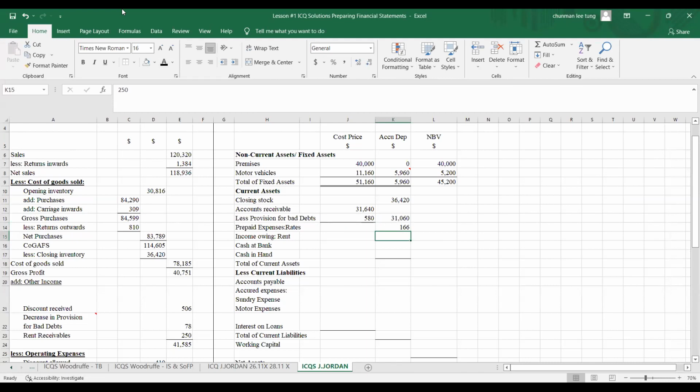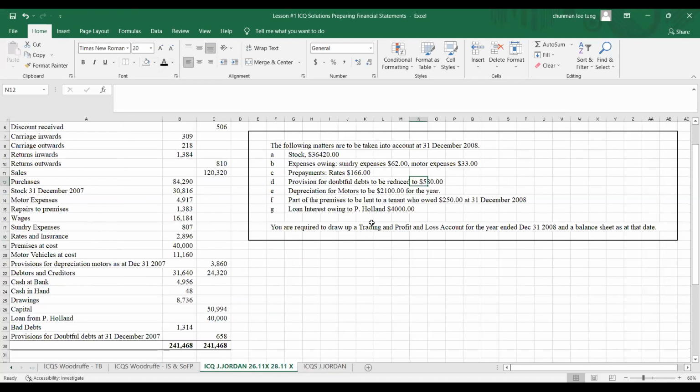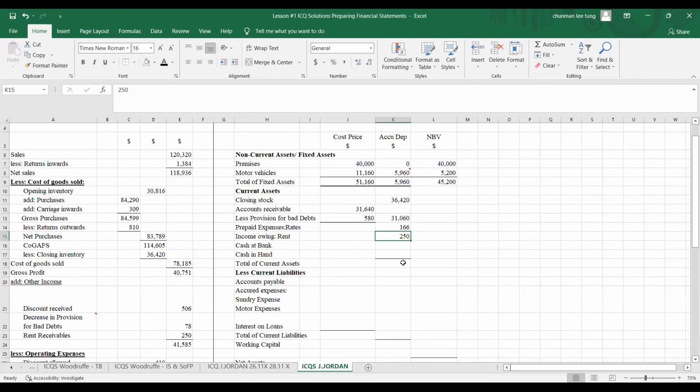Income owing. So yes, you see the word owing, but this is a tenant who would have gotten the premises. So in other words, we basically going to be getting this $250, which is what the note says across here. Part of the premises to be lent to a tenant who owed $250. So we lent him the premises.